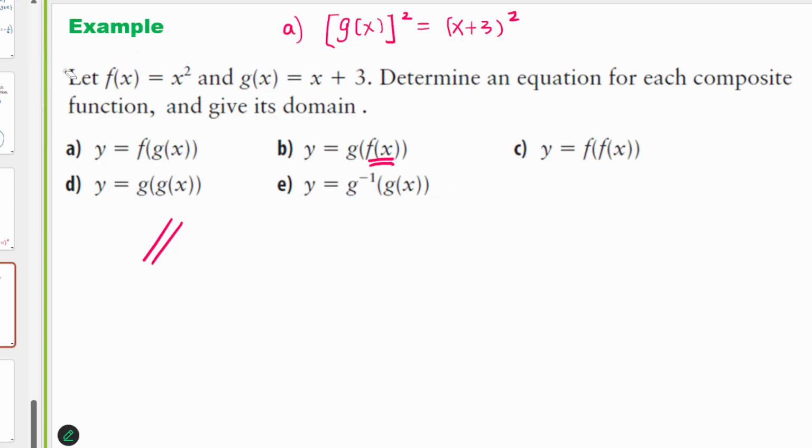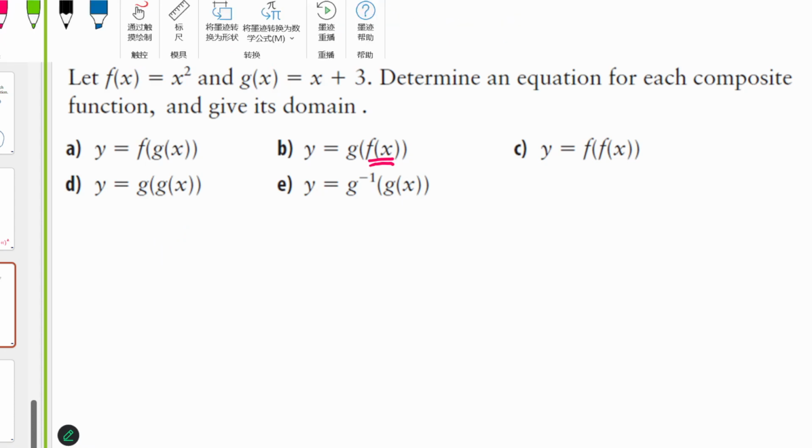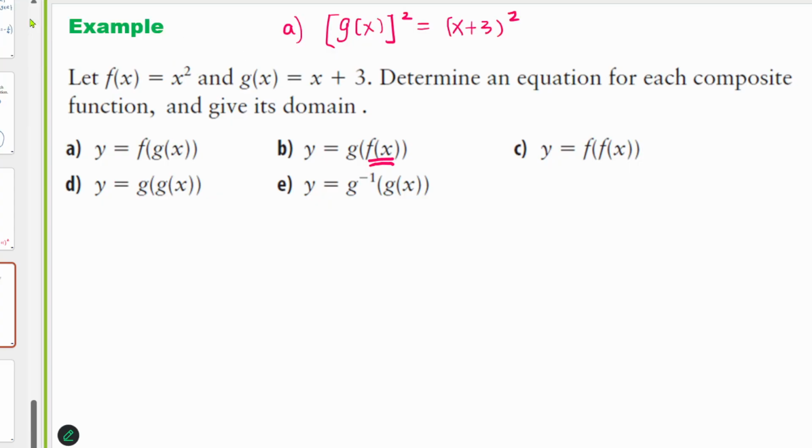So if f(x) is the input of g(x), that means you need to insert f(x) in g(x) here. Substitute the x in g(x) with f(x), right? So that is f(x) plus 3.